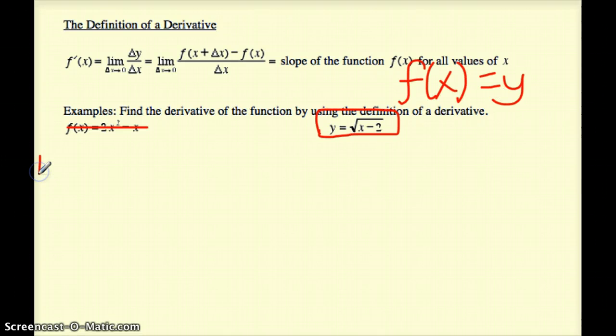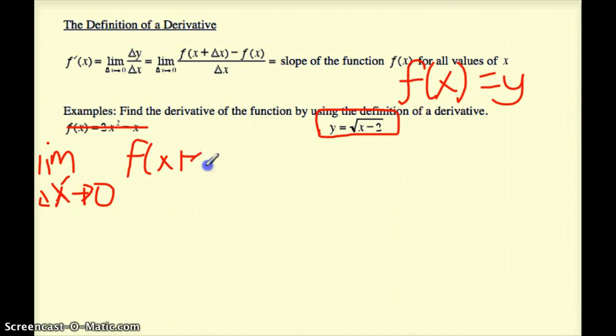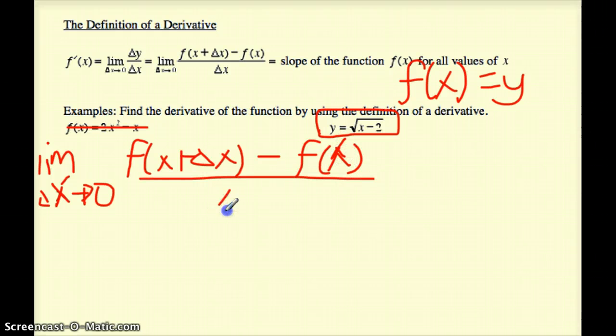So by definition, the limit as delta x approaches 0, of f of x plus delta x subtracted by f of x, all over delta x.